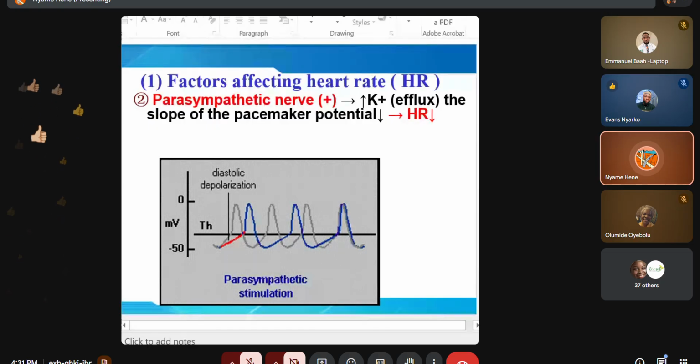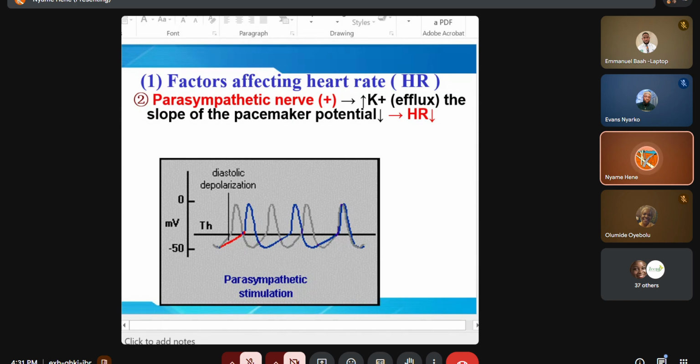I won't worry with that, but you need to know the general overview of how it works and how the parasympathetic nervous system affects the heart. That is why I'm using the tiger chasing after you as a scenario. If the tiger is chasing after you, your body stimulates the sympathetic nervous system and it affects the heart.